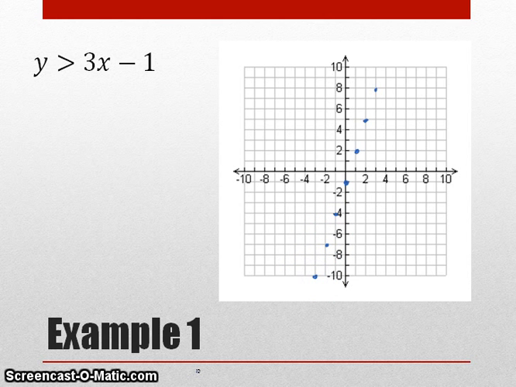The next step is to decide whether we should connect these points with a dotted line or a solid line. So here's your key. If the inequality does not have an equal sign on it, then we use a dotted line.